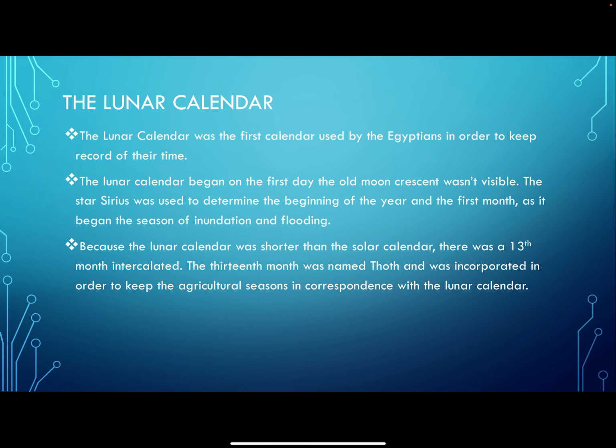So the lunar calendar is kind of known as being the first calendar used by the Egyptians in order to keep record of their time. This is where we see a lot of connections to astronomy.